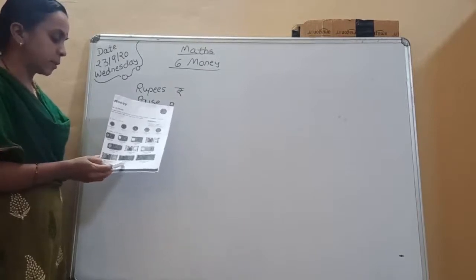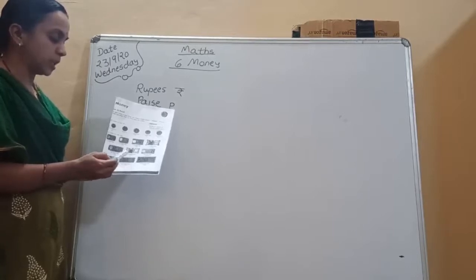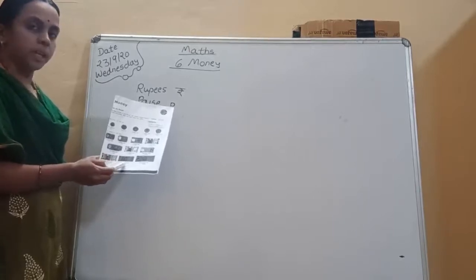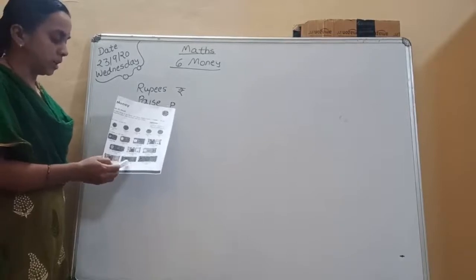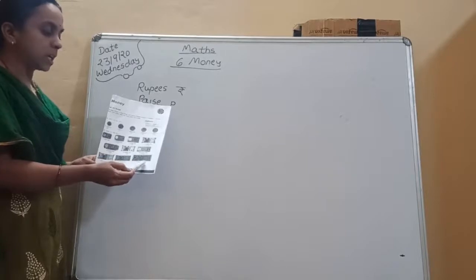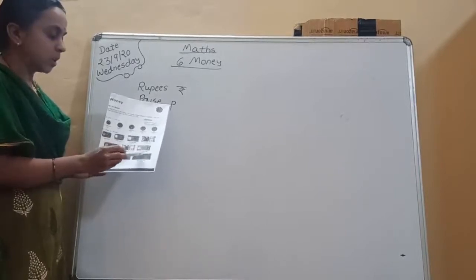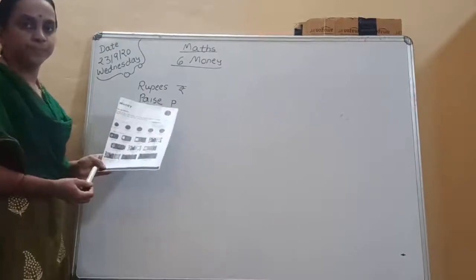Then the 500 rupee note. What is written on it? 500. This is also a very good looking note. Then 2000. That is the bigger note. The number 2000 is written on that note.